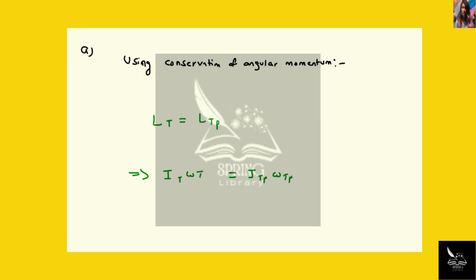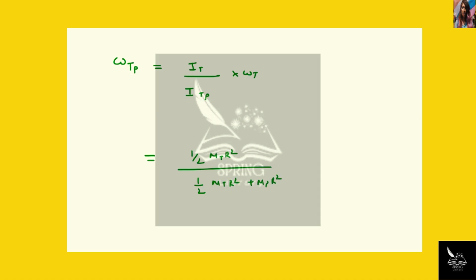On further simplification, you can write the value of omega_TP as I_T by I_TP multiplication omega_T, so this value will be equal to 1/2 m_T r square by 1/2 m_T r square plus m_P r square multiplication omega_T.